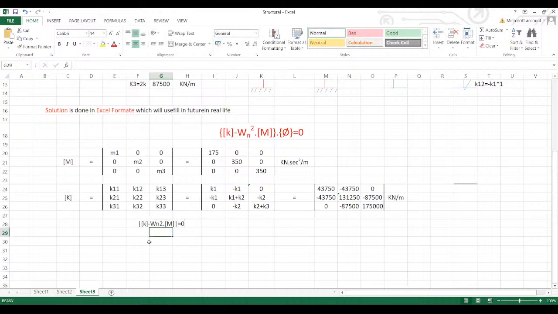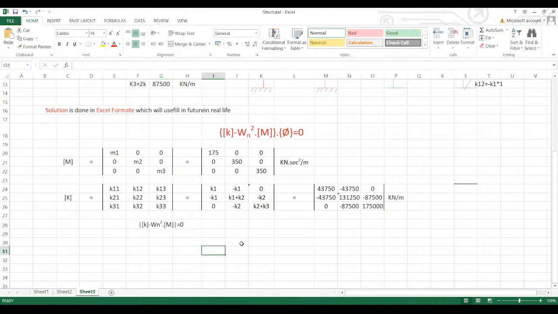It is our characteristic equation. We have to solve these equations and find the value of omega square. What did we find, the omega? That is superscript. Okay, that is fine.